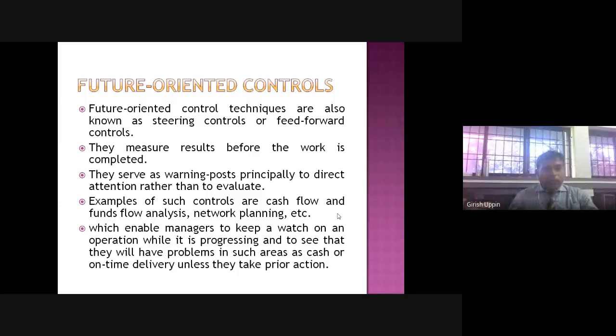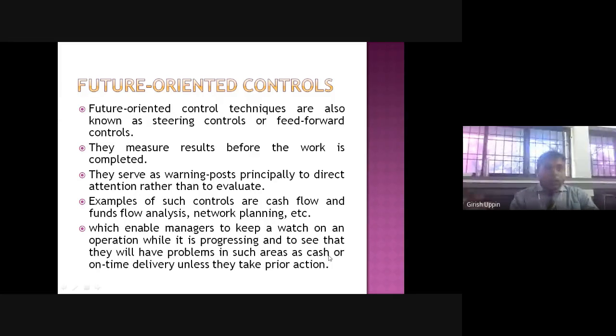You don't wait until the complete transactions are done and then check the accounting for, let's say, quarterly or half yearly reports. In between, on a regular or daily basis, you will check the cash flow. If the cash flow is not as per expectation, so you will set some standards, then corrective measures are taken. Similarly, fund flow analysis, network planning, etc.